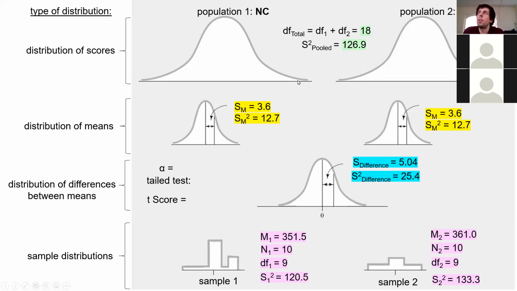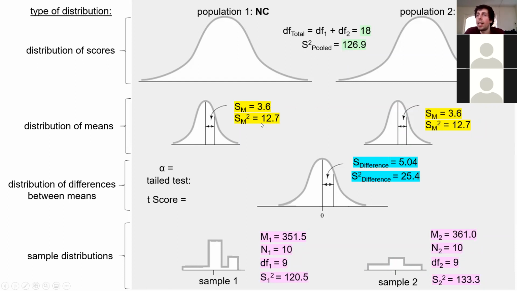So next, look what happens when we go into the realm of distributions of means rather than distributions of scores. Just like we've seen many times in the past, when you go from the distribution of scores to distribution of means, variance decreases. So whereas the variance of the distribution of scores pooled was 126.9, here it's 12.7.